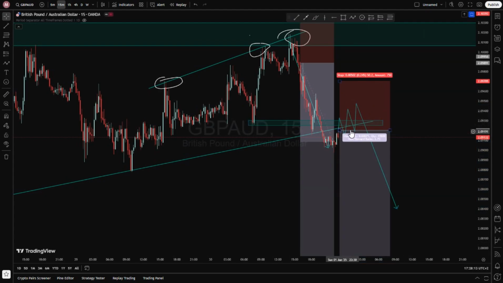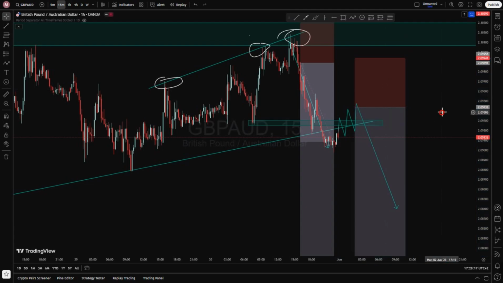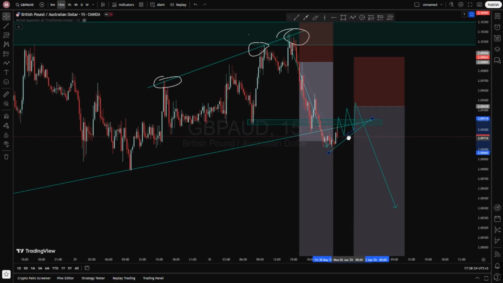If we have something like this, it is going to be easy for us to enter a sell right here. As you can see, we have 1, 2, 3, and then it is going to be easy to enter a sell.